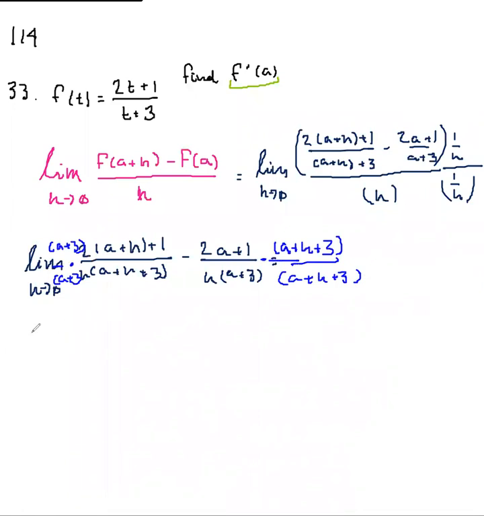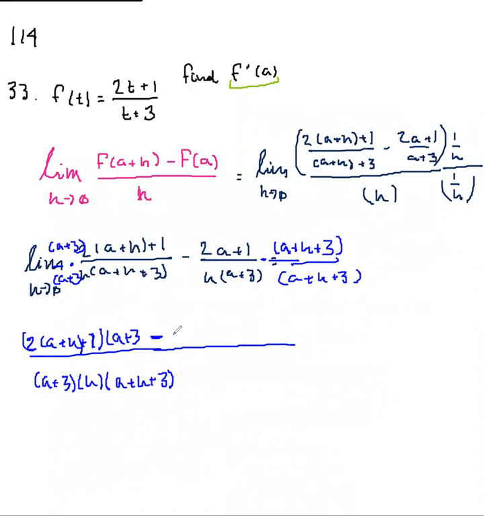But it's going to leave me with 2 times a plus h plus 1 times a plus 3 over a plus 3 times h times a plus h plus 3, and I can subtract these now because they have the same denominator.